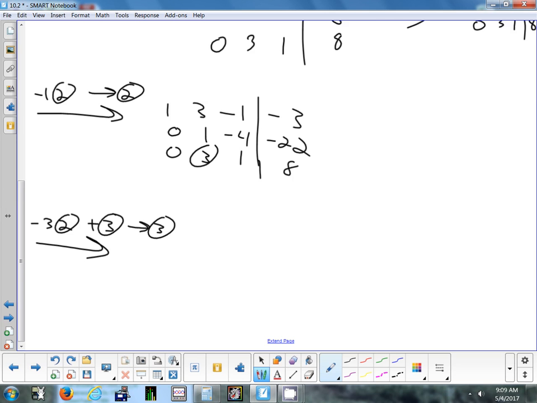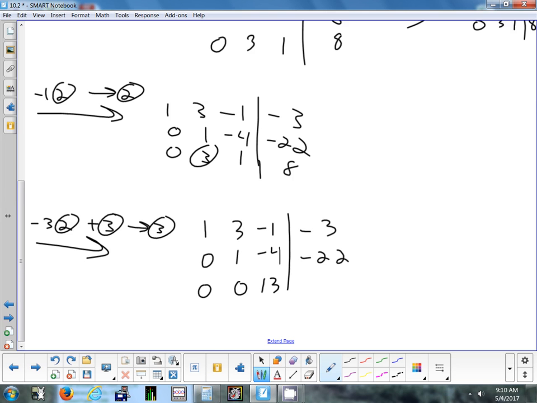Okay, so rows 1 and 2, you're just going to keep copying them down. They're never going to change again. 1, 3, negative 1, negative 3. 0, 1, negative 4, negative 22. 0, 0. What's negative 4 times negative 3? 12 plus 1 is 13.